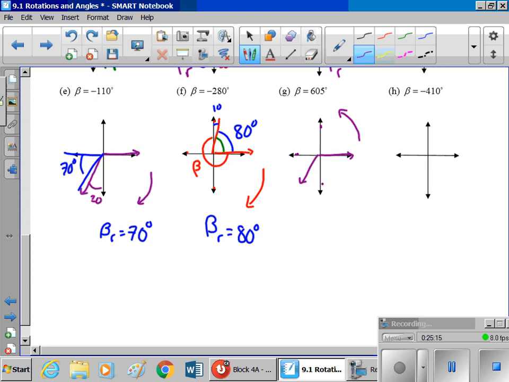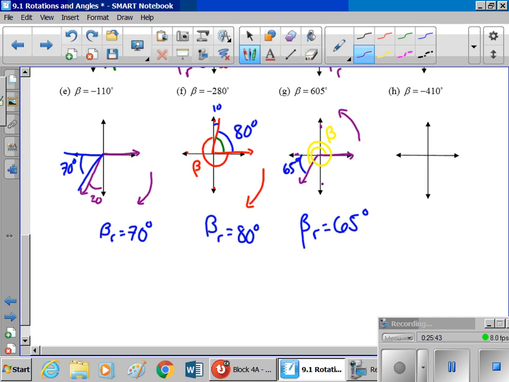All right, and I'm going to draw my whole spiral like that. That's beta. Fortunately, our reference angle is much simpler. It's just going to be this thing. And if we went 65 degrees here, past, that's what we're going to have. So beta r, very long tail on that one, 65 degrees.